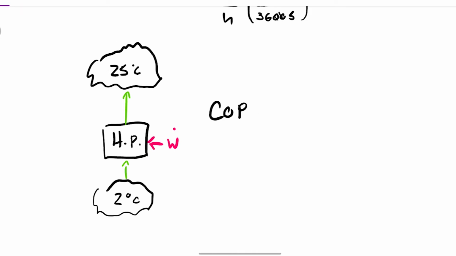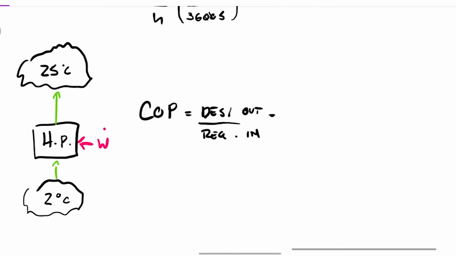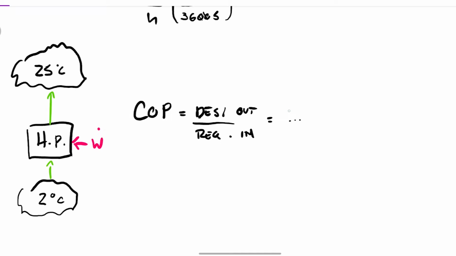And then the same thing applies. The coefficient of performance is going to be the desired output divided by the required input. All those good things are the same. What we want is to maximize QH.